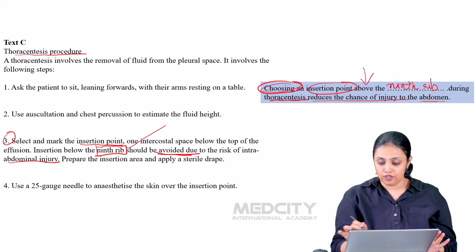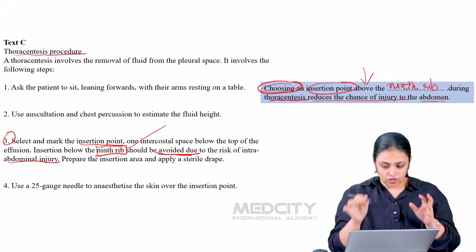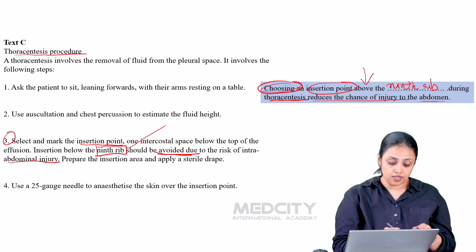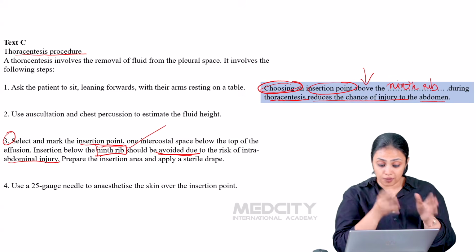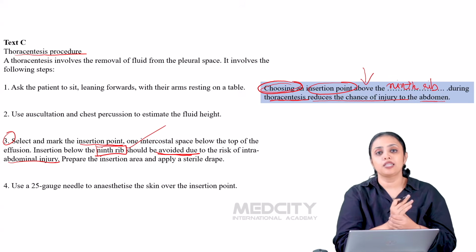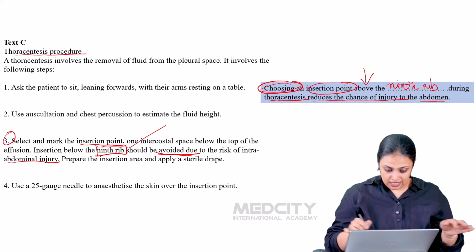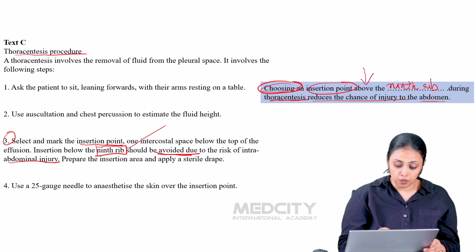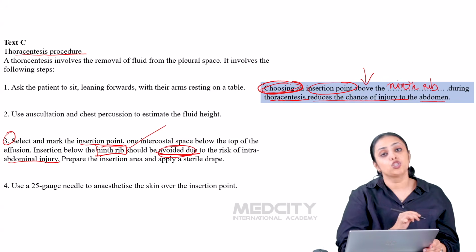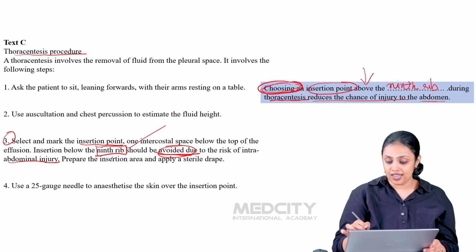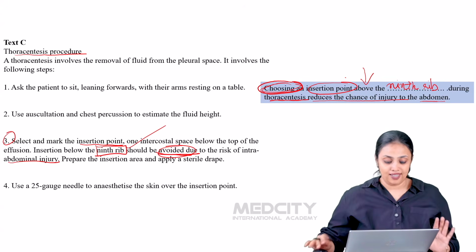Here you have matched insertion point and you think that you have to look for something above. But you see here something exactly contradicting, below. So you never come to the thought that it will be the ninth rib. But no, when you read the sentence as a whole, here they are talking about something that should be avoided and here they are talking about something that should be chosen. For that reason, ninth rib here and ninth rib here go in well.